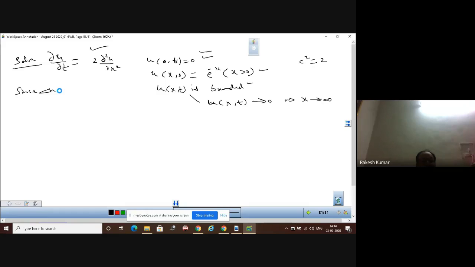So taking a Fourier sine transform to both sides of this partial differential equation, I am going to name this equation number 1.